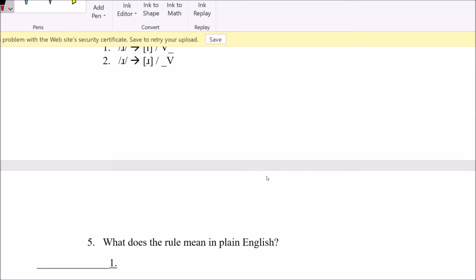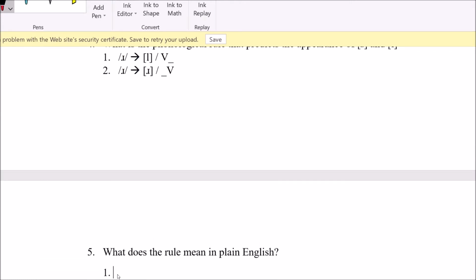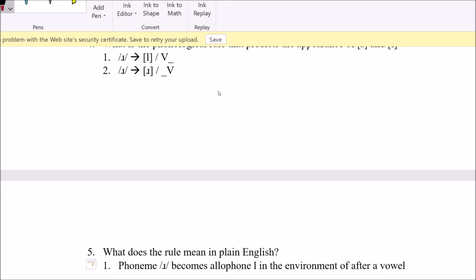So all you need to say is that phoneme becomes, and that's that arrow, meaning becomes, allophone ol, the slash means in the environment of, after a vowel. And then you would do the same for the next rule.